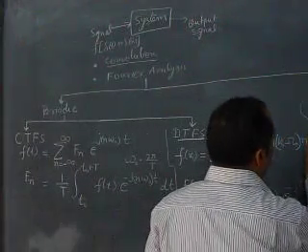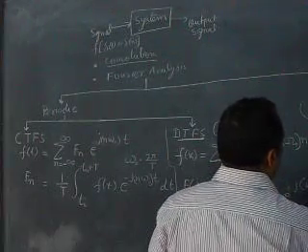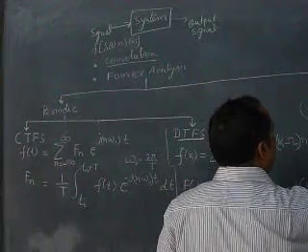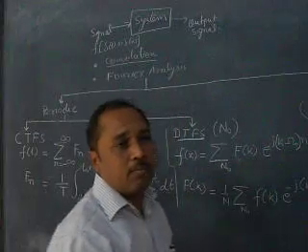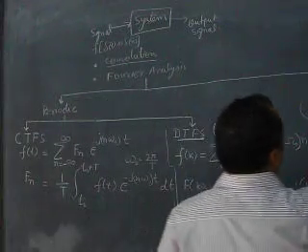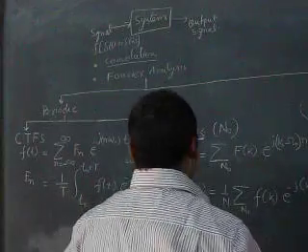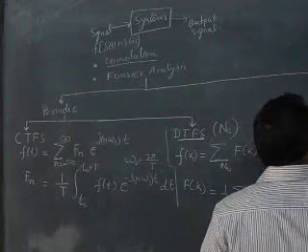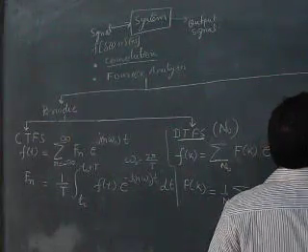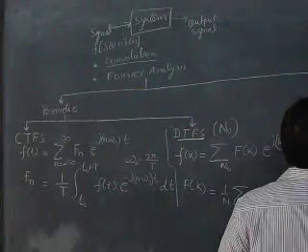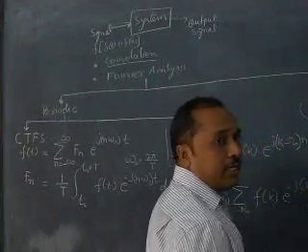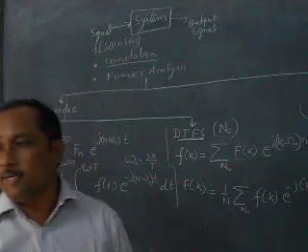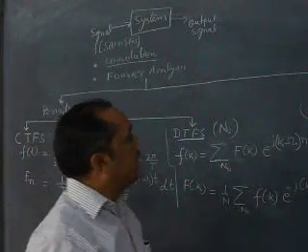So in the infinite domain, the Fn will be represented as a function of omega. That will be a complex function F of j omega, and this will become the integration of f of t and e to the power minus j omega t dt, over the total range, that is from minus infinity to plus infinity.